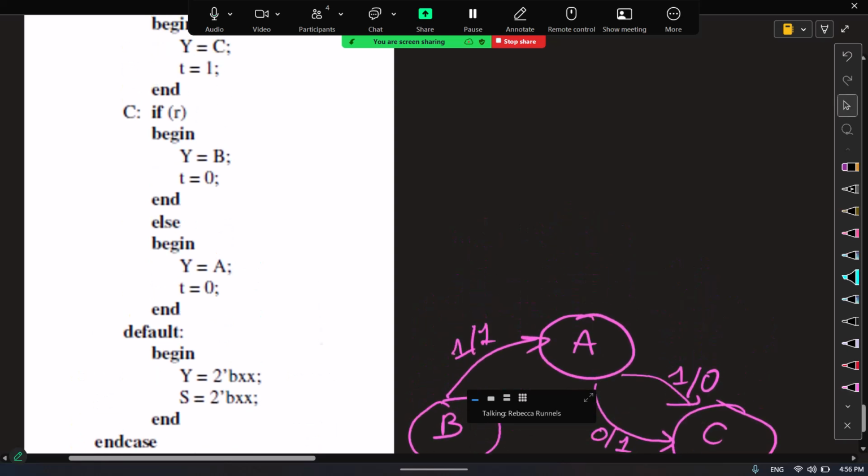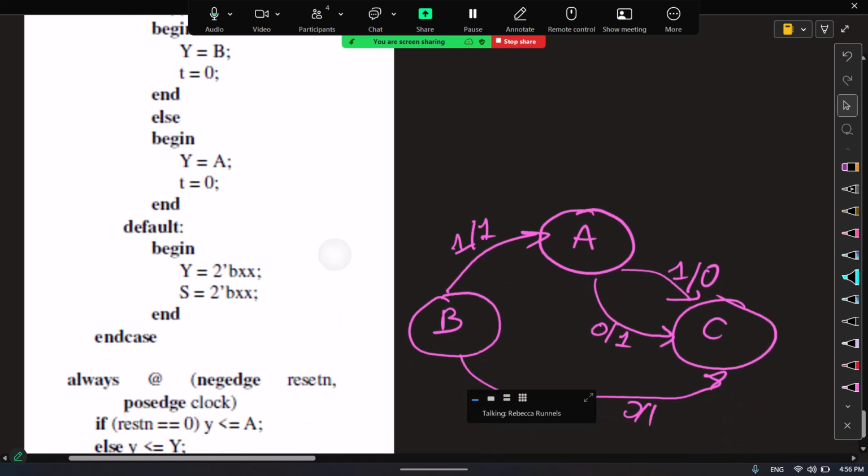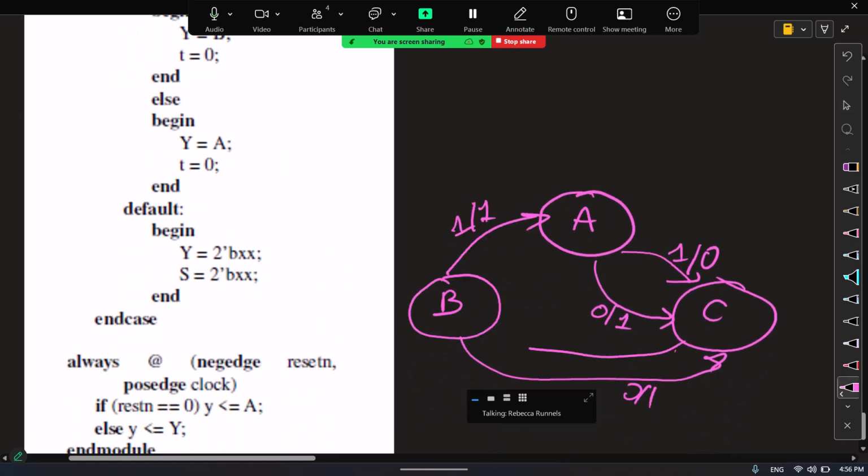And if I'm in state C, if R, Y is B, T is 0, else Y is A and T is 0. And then, because I only had my 3 states, and if I have 3 states, that means I'm using 2 variables. I'm using 0, 1, 0, 0. I absolutely have to have my default.